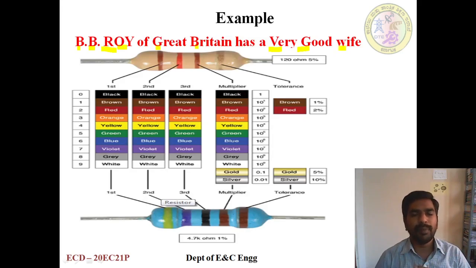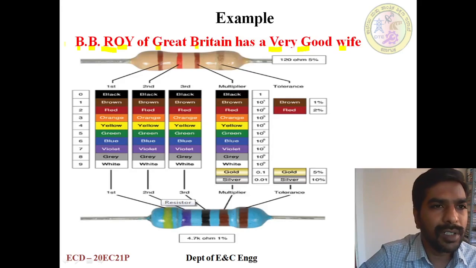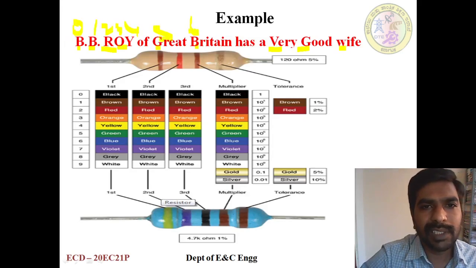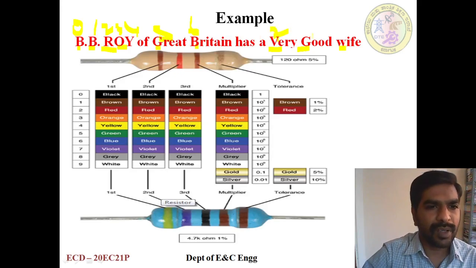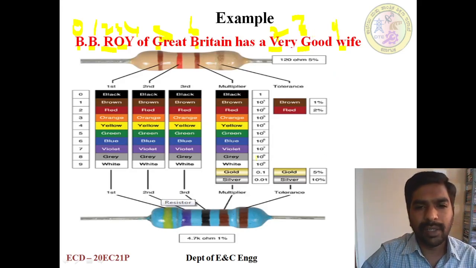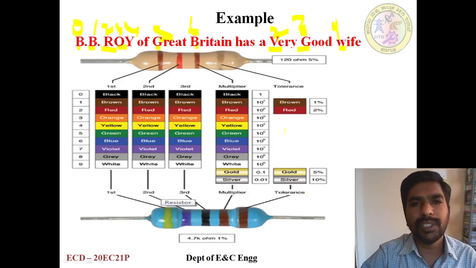If you remember this statement, you can easily remember the digits also. Black is 0, then 1, 2, 3, 4, 5, 6, 7, and 8. 8 is gray, and 9 is white. You should also remember gold and silver are 5% and 10%. No color means 20%. This is accuracy.